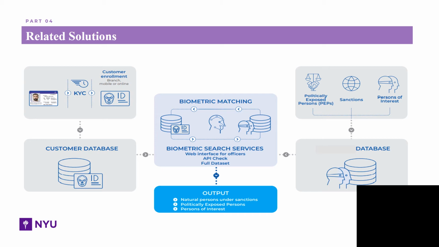Facial recognition offers greater precision and recall, where the matching threshold can be set at a high level to reduce false positive results without the trade-off of increasing the risk of false negatives.